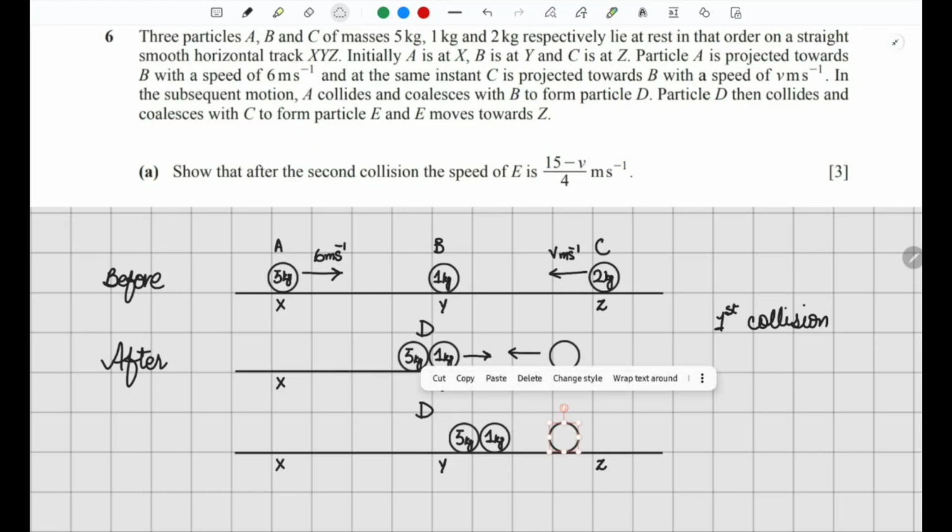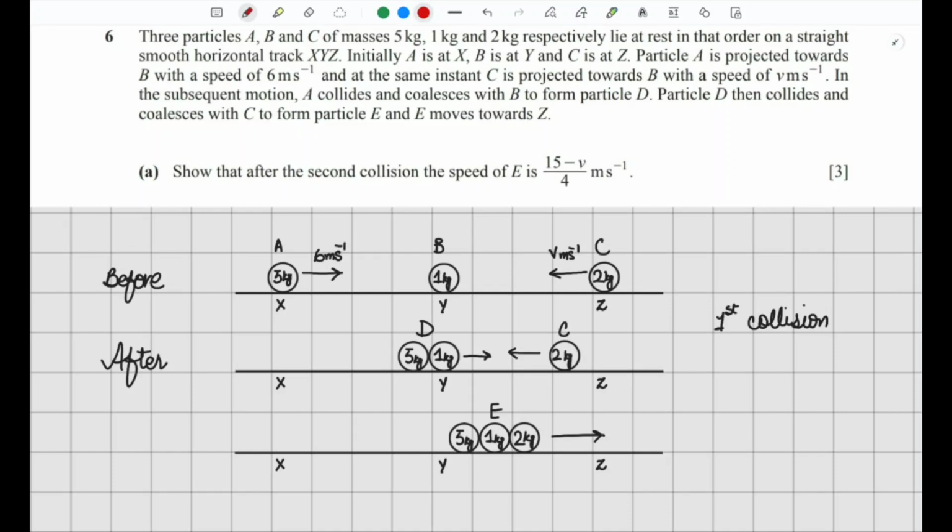Suppose it reaches here and this reaches here, and they collided and coalesce, and now it becomes one. This is your particle C with 2 kg. So now when they coalesce they become E. Now it's no longer particle D, and they become E, and now they are moving towards Z. Okay, this is the whole scenario that is here.